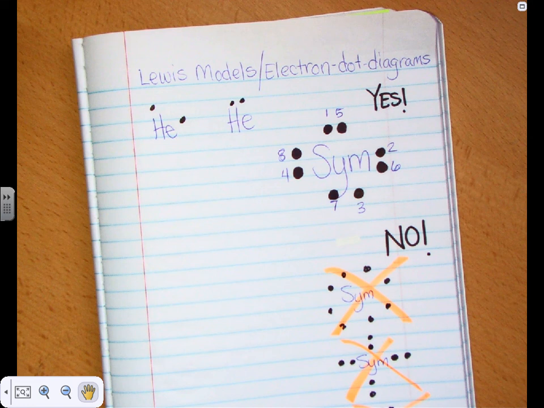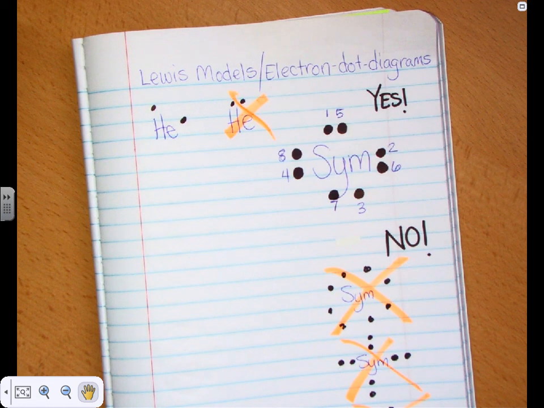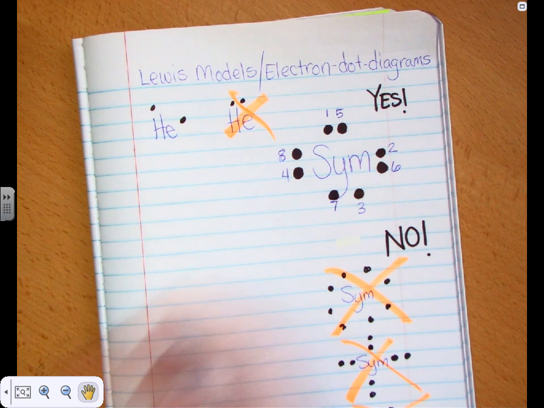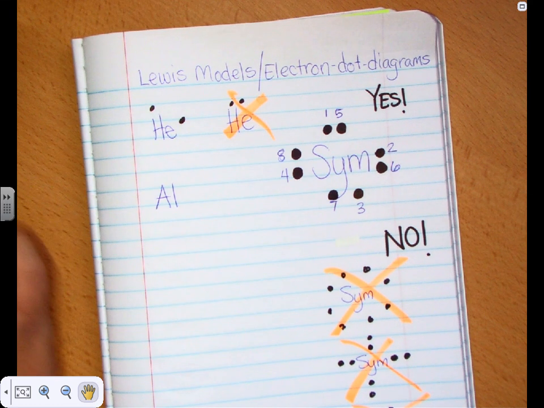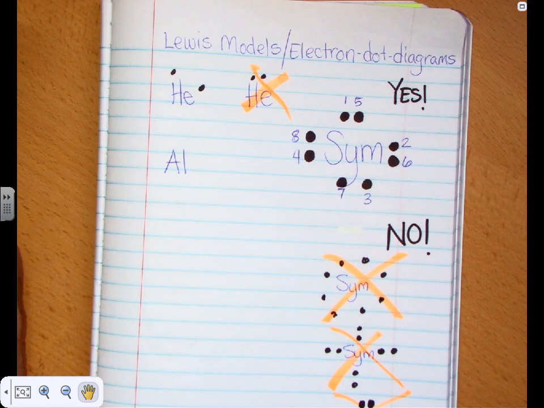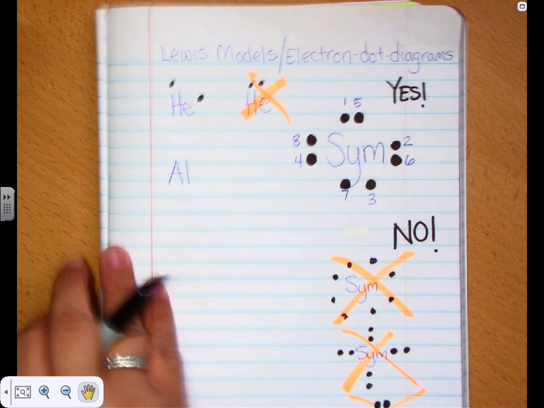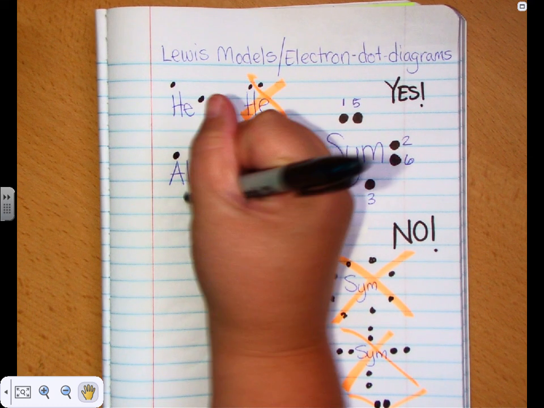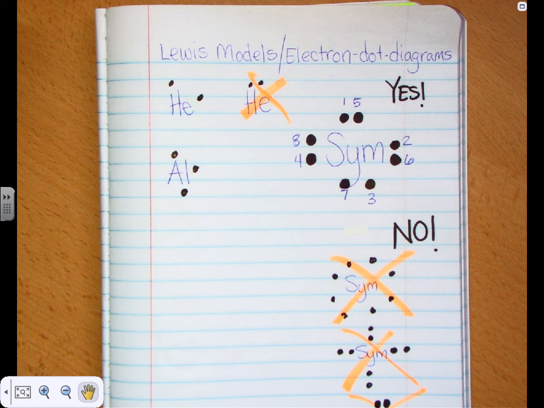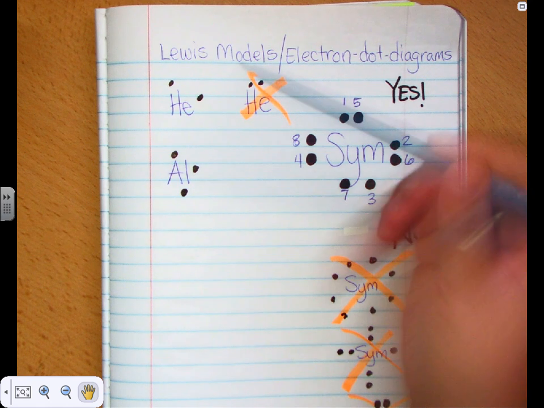Now I would like you to do the Lewis dot diagram for aluminum. Aluminum will look like this. Do you see how these do not line up? They don't line up for a reason, which I'm going to show you in a minute.